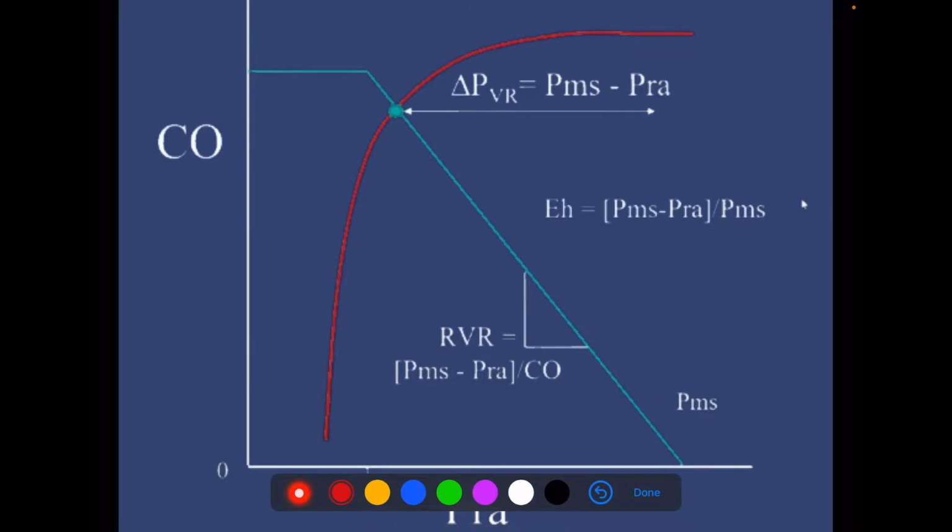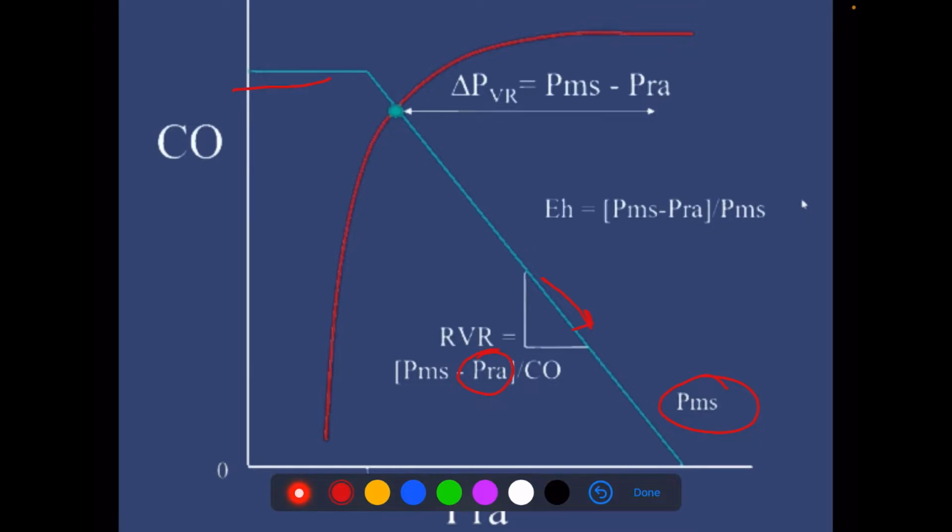Now here it is shown in more detail. So this is the venous return curve. The red represents the cardiac output, that is the contractility function. When the circulation comes to a standstill, what we get is the mean circulatory filling pressure, and the slope is determined by the venous resistance, which is calculated by the mean systemic filling pressure minus the right atrial pressure divided by the cardiac output, which gives us the slope of this curve.